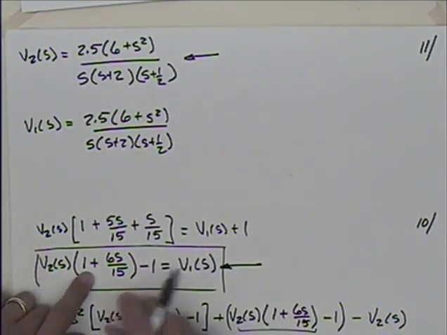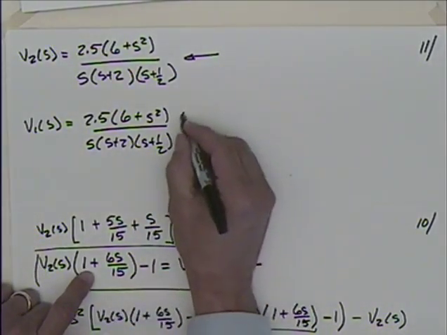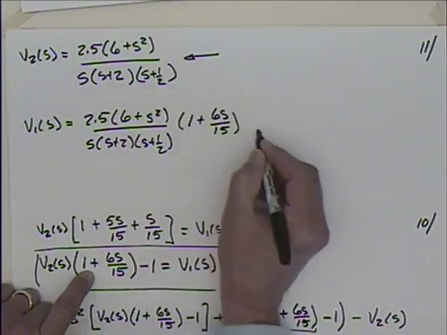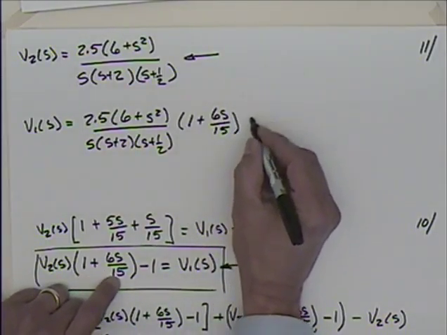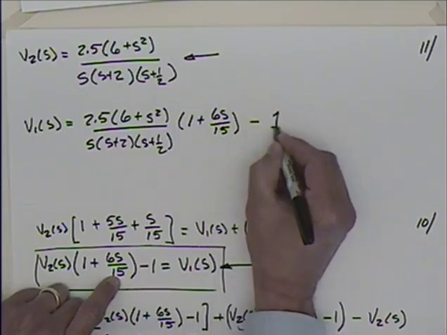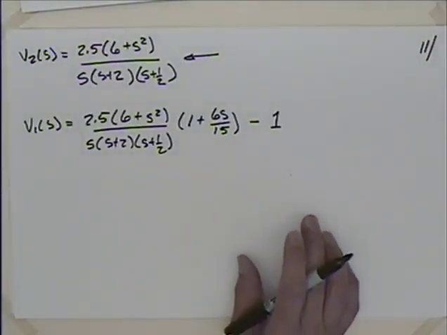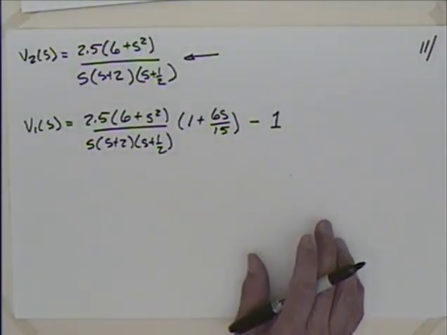And then I need to multiply that by what? 1 plus 6S over 15. And then I need to subtract 1 from that. And that is my V1. So let's see how that works out if we finish that up.